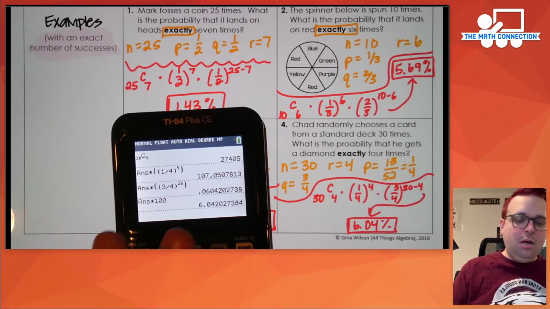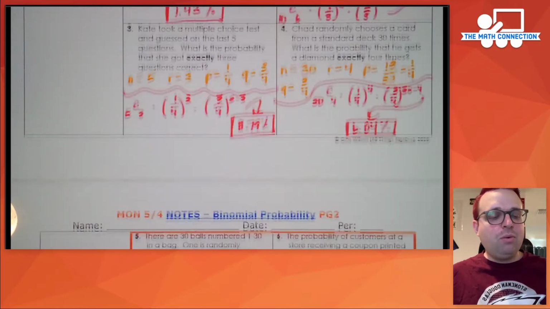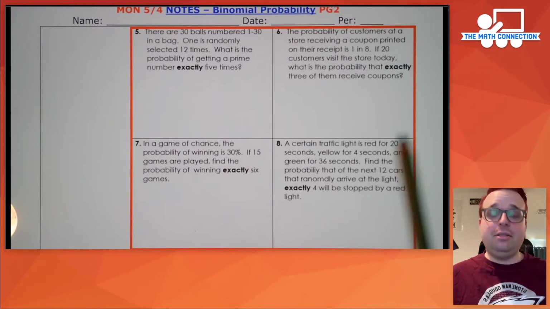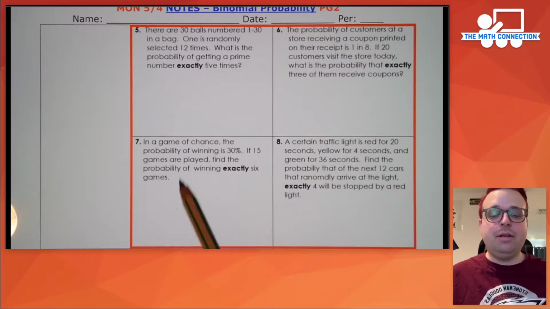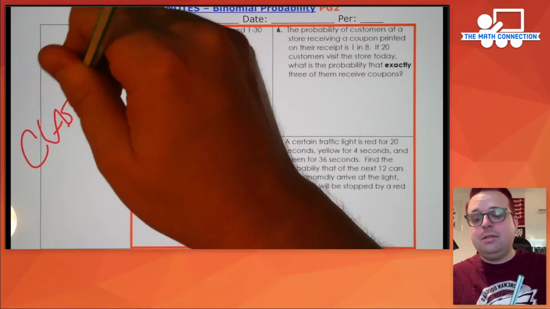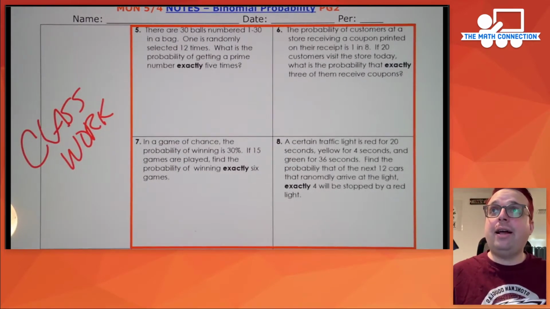Okay. All right. So if I roll to the next page, this is page 2 of the notes, you'll see that the top 4 problems here is all classwork, all right? Classwork. That's the ugliest handwriting I've ever seen. That's not true.